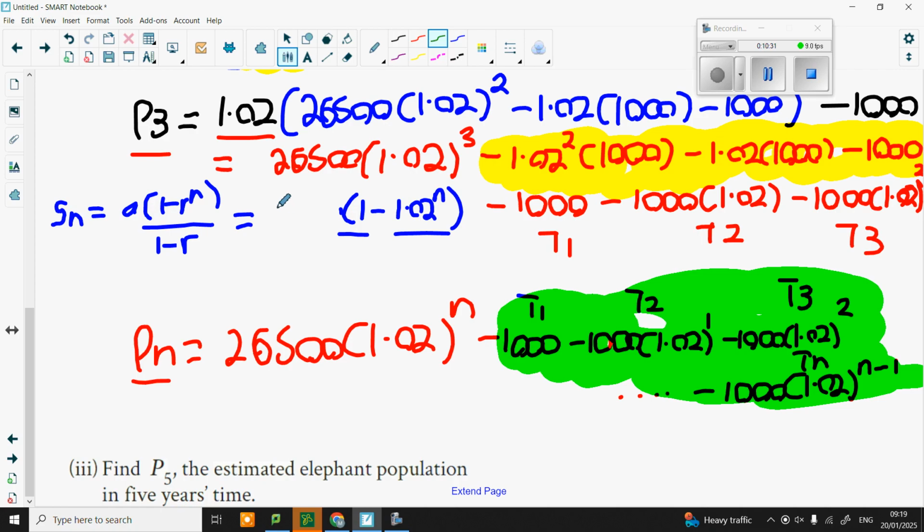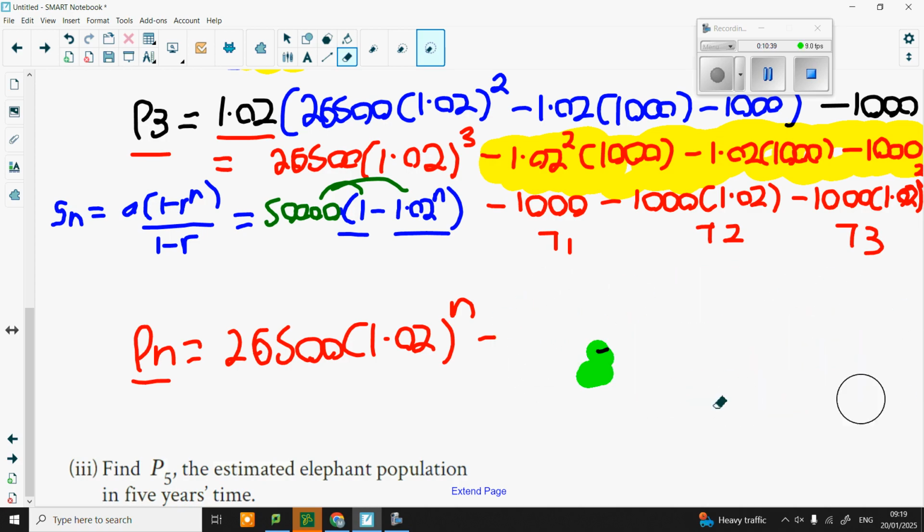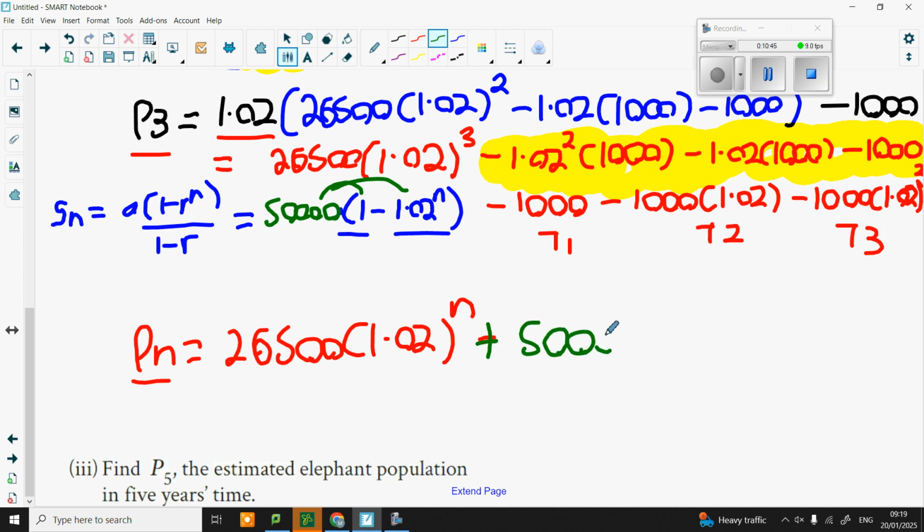Now, see that 50 grand? You got to multiply them. Look what happens when I multiply them. So what do you think is going on here? Plus 50,000, yeah. Times what? Times what, guys? So 50,000, yeah.